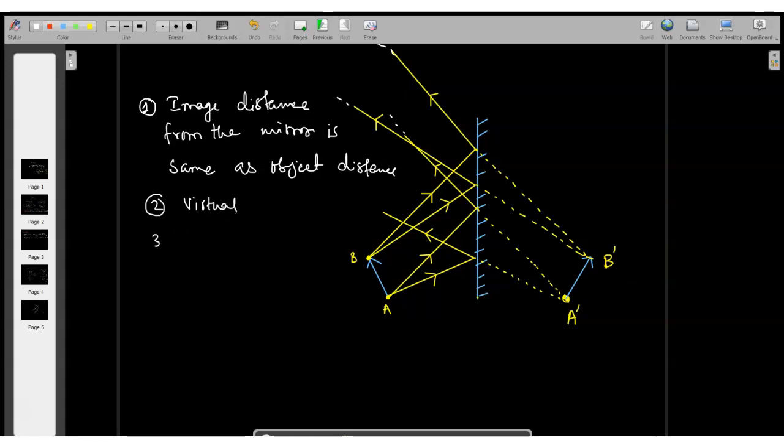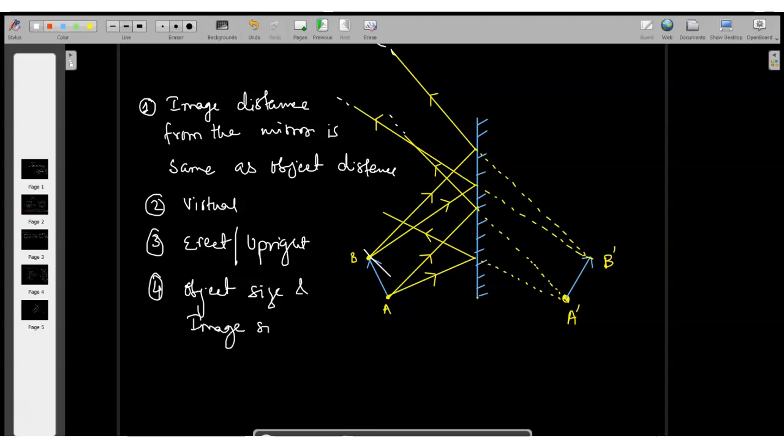Virtual images are always erect or upright. And also another thing, you can see that the size of the object and size of the image is same. Object size and image size is same.